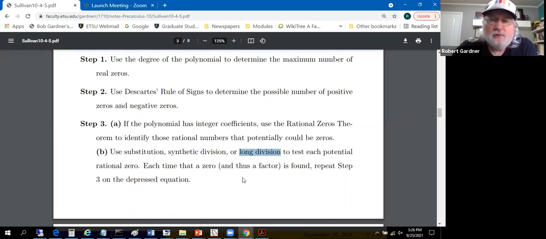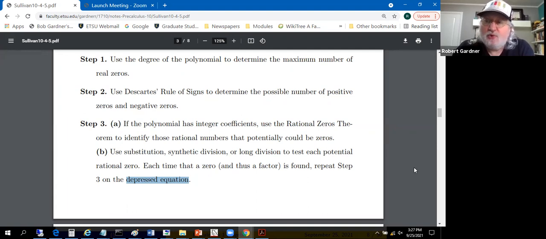It's more rational, more reasonable, probably is the word I should use. But use substitution or division to test each potential rational zero. Each time that a zero is found, and thus a factor is found, repeat step 3 on the depressed equation. That is, you found a factor, in some sense factor the polynomial function, and consider a polynomial function now of a lower degree, one of the factors in the factoring.